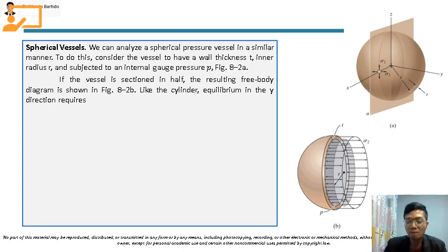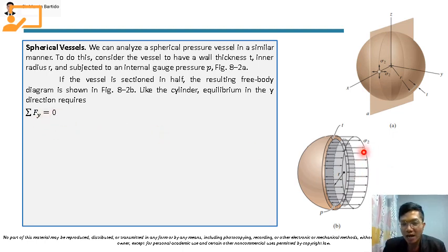So this stress sigma 2 and the pressure p, this is again caused by the contained gas or liquid of the spherical vessel. We can solve the sigma 2, or the stress in the spherical vessel wall, by summing of forces with respect to the y-axis, since they are both in the y direction. So this will be equal to 0.